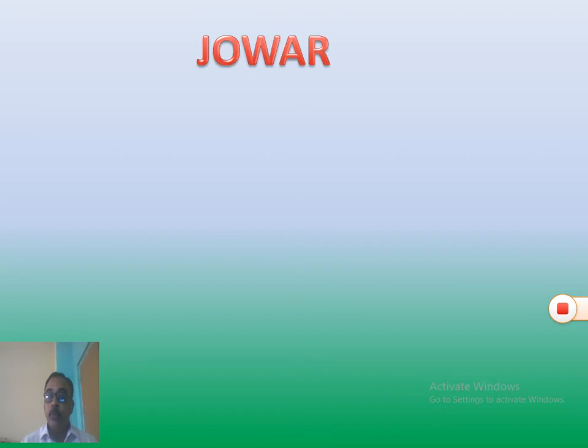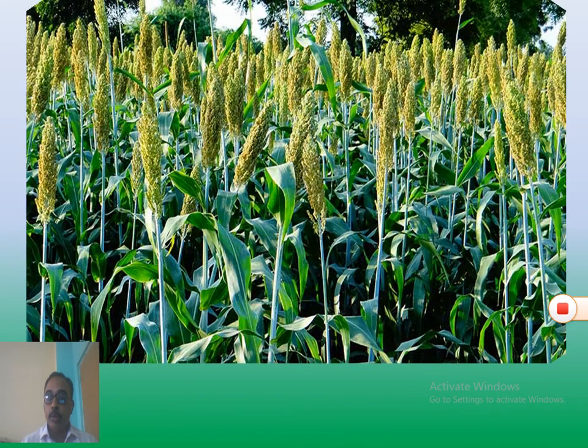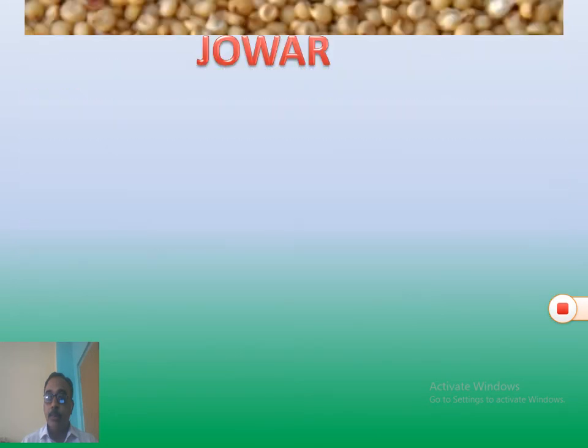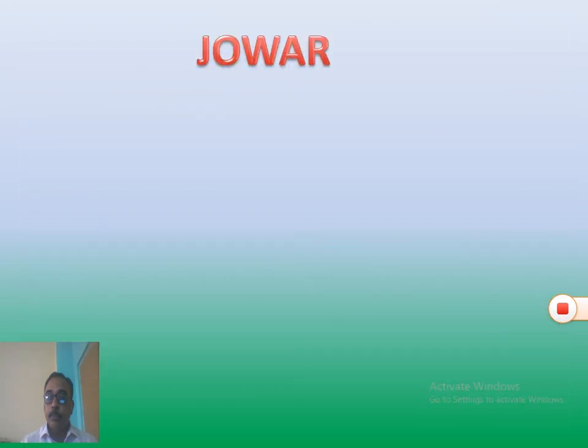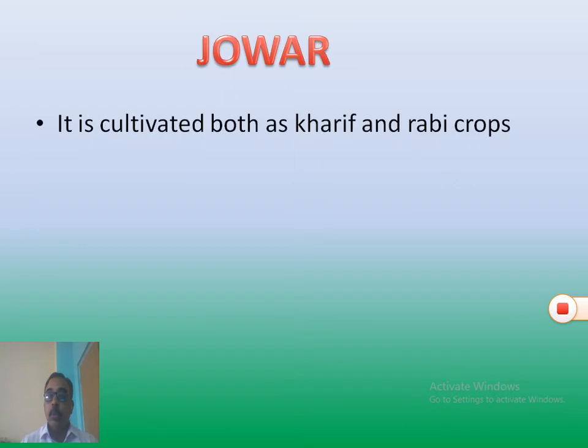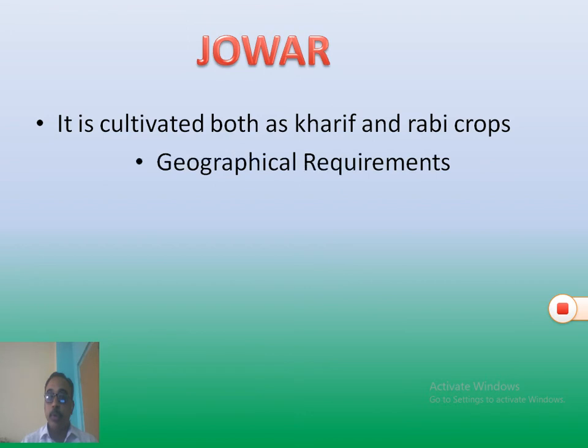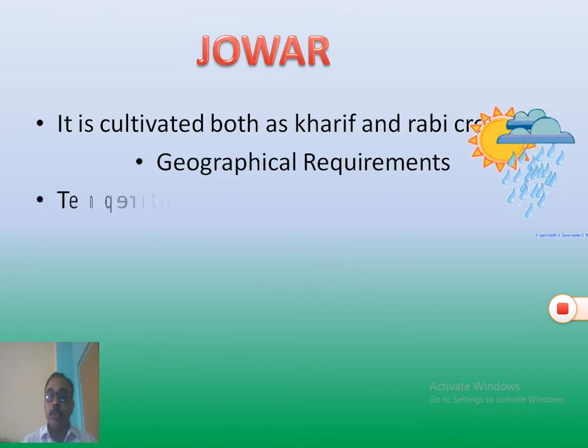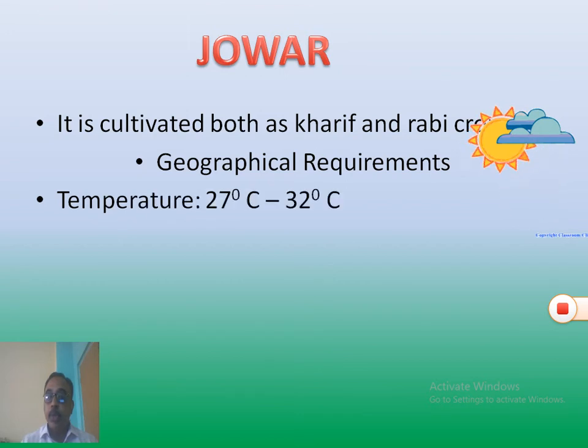So first of all, we'll start with jowar. This is how the jowar plant looks like. Now, jowar is cultivated both as kharif and rabi crops. What are the geographical requirements? Temperature 27 to 32 degrees Celsius.